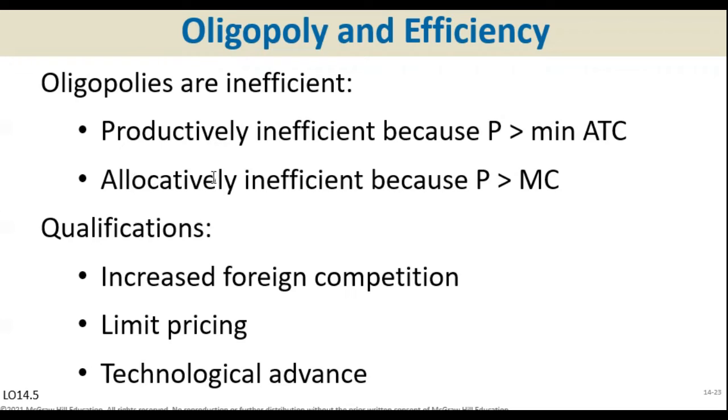And allocative efficiency happens when the price is equal to the marginal cost. Here, the price is greater than marginal cost. So allocative efficiency is also not met with oligopoly. Okay. So neither efficiency happens in the oligopoly market.